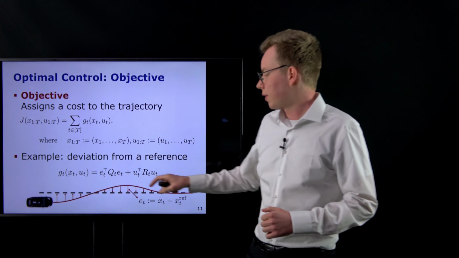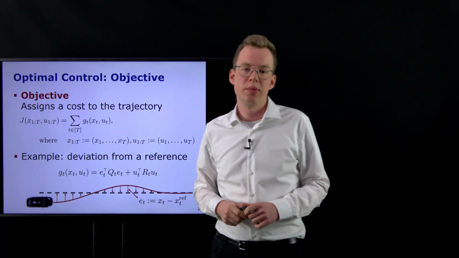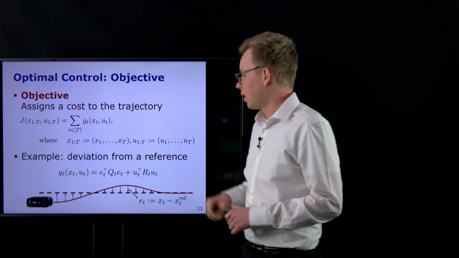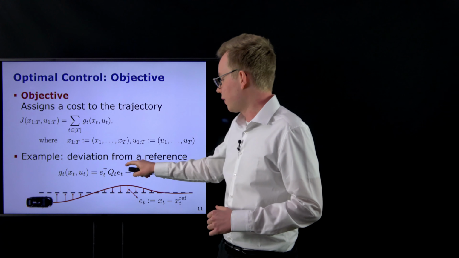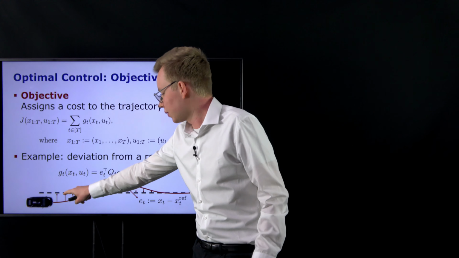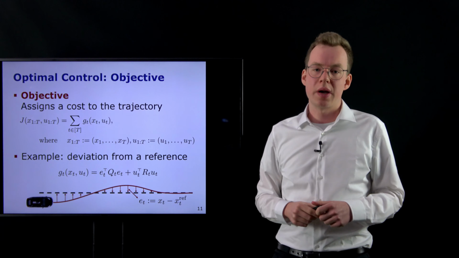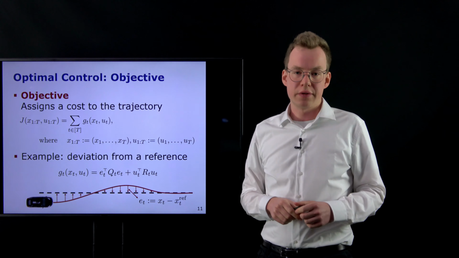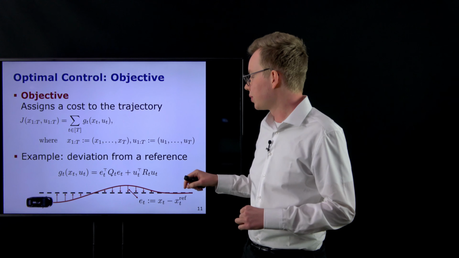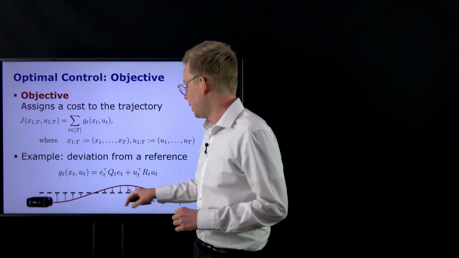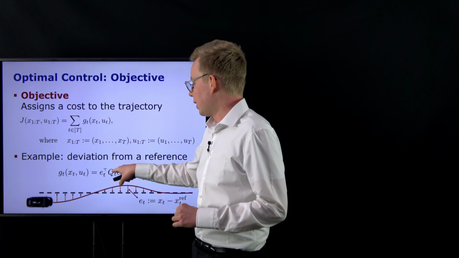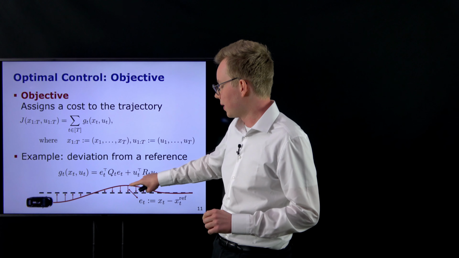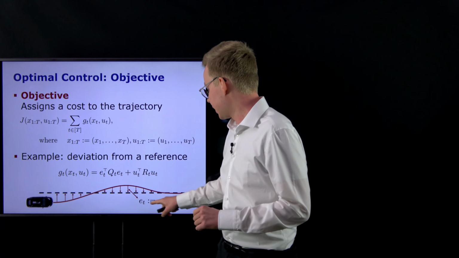And so, for example, for the problem of reference tracking that you can see below, we can write down this cost as a squared sum of terms, where for the state, if this dashed line is the reference that we may wish to track, and this red line is the prediction that we would get for a given sequence of inputs, then we can compute this tracking cost as the weighted sum of these errors, e, where the errors are the difference between the trajectory in red and the reference trajectory.